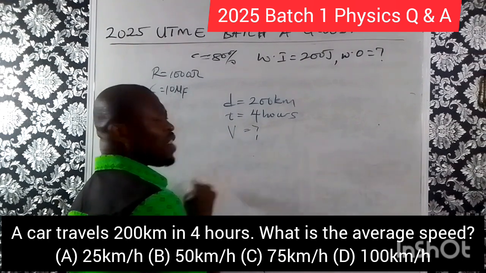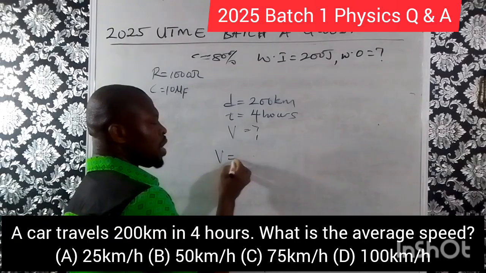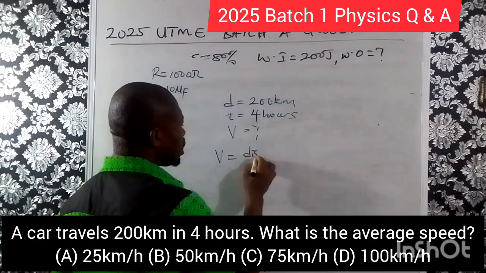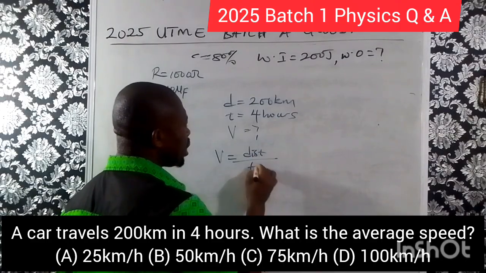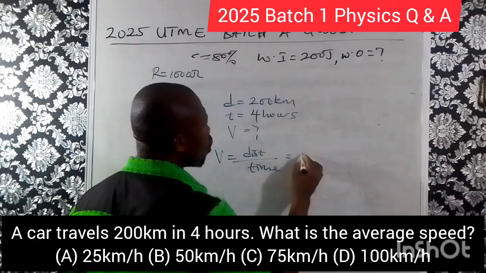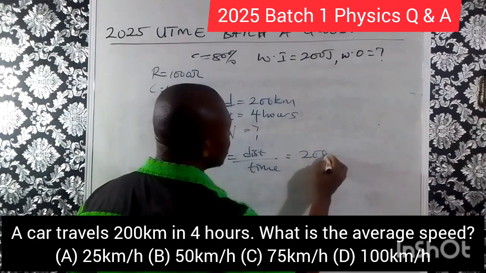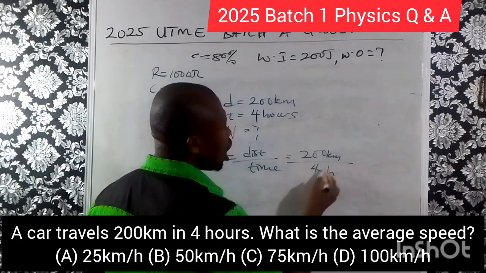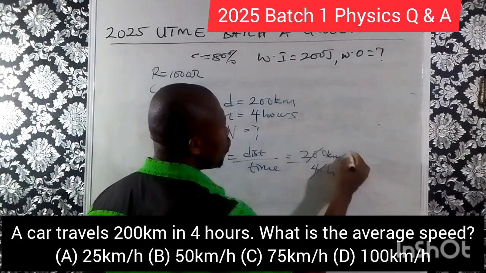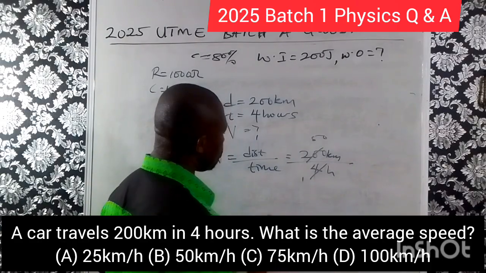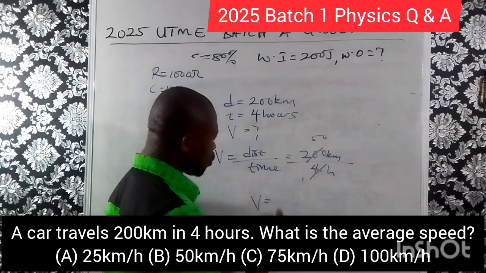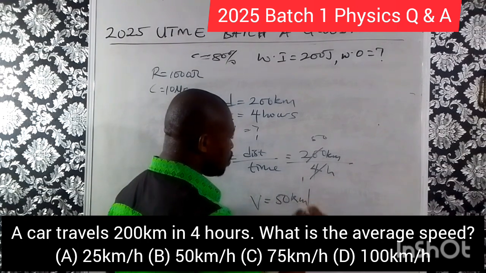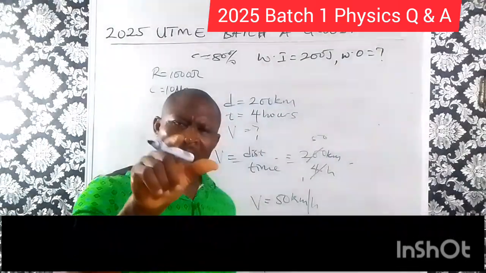We know that the average speed is equal to total distance divided by the time, which will give us 200 kilometers all over 4 hours. Of course, this divided by this will give us 50. Therefore, the average speed is 50 kilometers per hour.